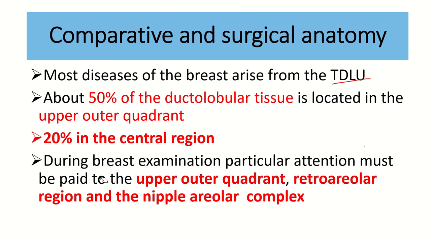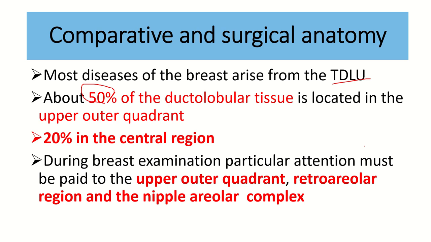And here, during breast examination, particular attention must be paid to the upper and outer quadrant, because it contains 50% of the ductolobular tissue, and to the retroareolar region and nipple areolar complex, because the nipple areolar complex contains 20%.